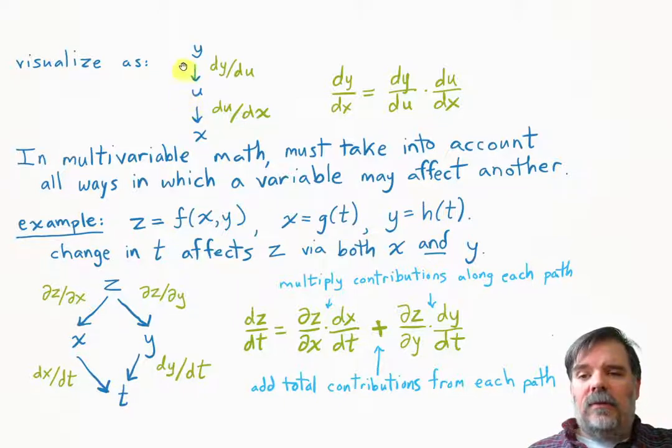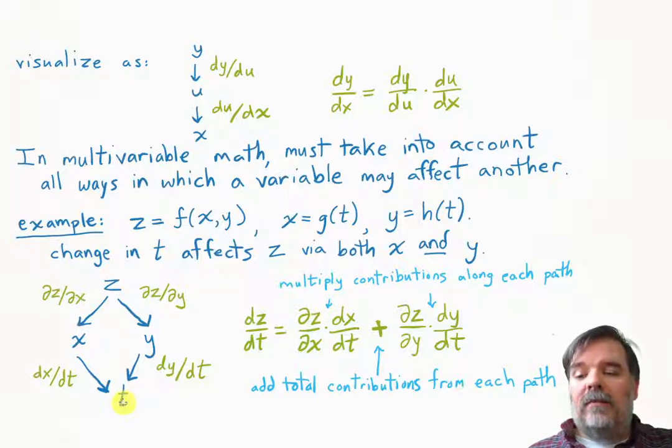Now, as we've seen before, when we're dealing with a chain rule for a single variable, we multiply the derivatives along each chain. And so here we can get from z to t through this left-hand side of arrows, and that contribution is dz dx times dx dt.